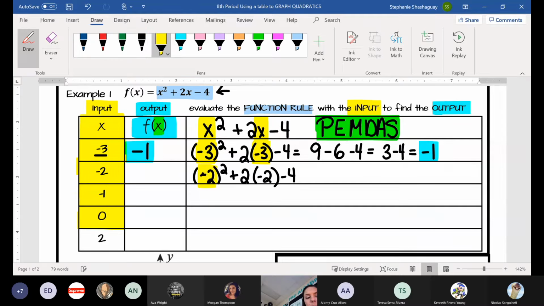Again, all I did was take that input of -2 and plug it in for x so that I can find my y. -2 squared is a positive 4. 2 times negative 2 is a negative 4. And then we're going to subtract 4 more. 4 minus 4 is 0. Minus 4 is equal to negative 4.